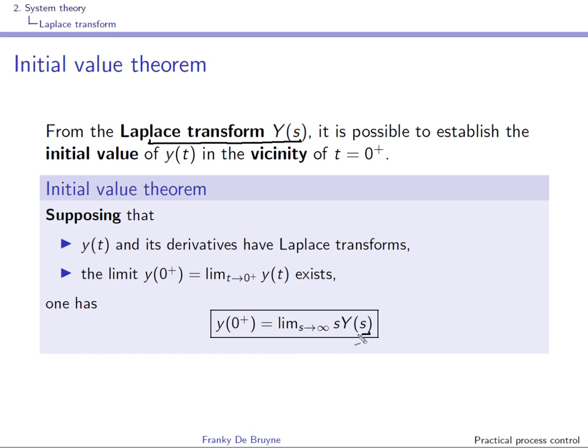So you take the limit when s is tending to infinity of s y of s. Remember, of course, that when you take the limit here when t tends to 0, as you have a 1 over x relation between time and frequency, this will correspond, in the frequency domain, to an s that tends to infinity.